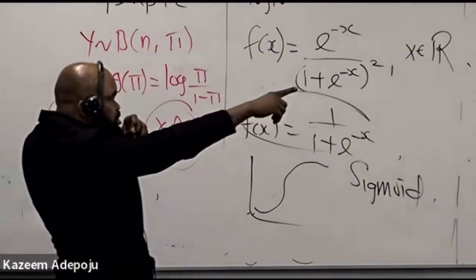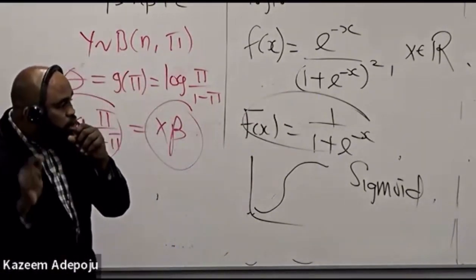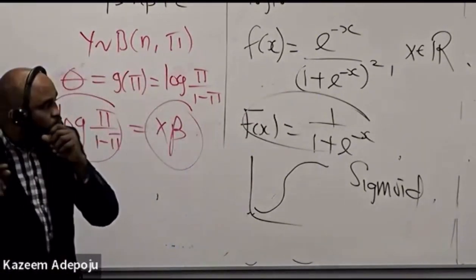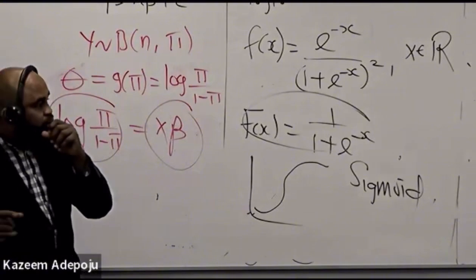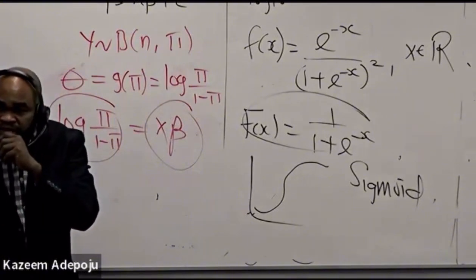And that's why we're using that. So whether to use a logit, a probit, or a complementary log actually depends on assumptions about the distribution of the error and where your probability comes from.